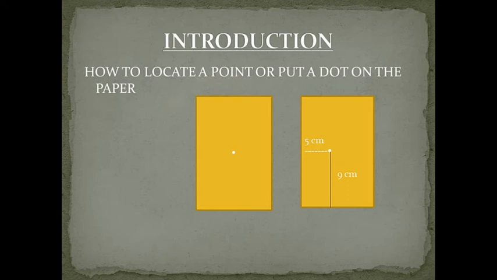You can describe it properly also. So this is how we have to locate a dot, or a point, on the paper.